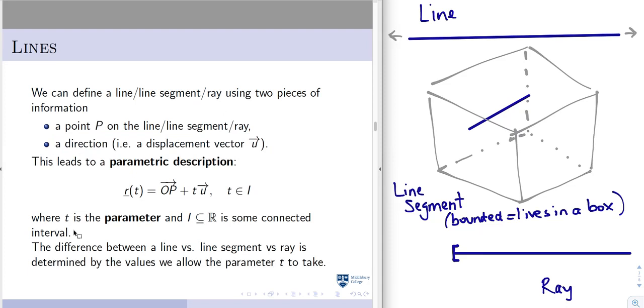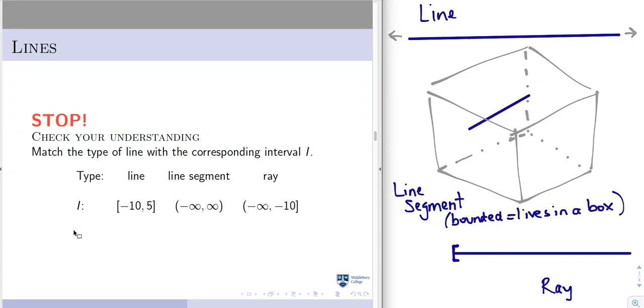Given this information, this leads to a parametric description of the line. This is the parametric description. Here t is the parameter and I is some connected subinterval of the real numbers. The difference between a line and a line segment and ray is determined by the values that we allow the parameter t to take.